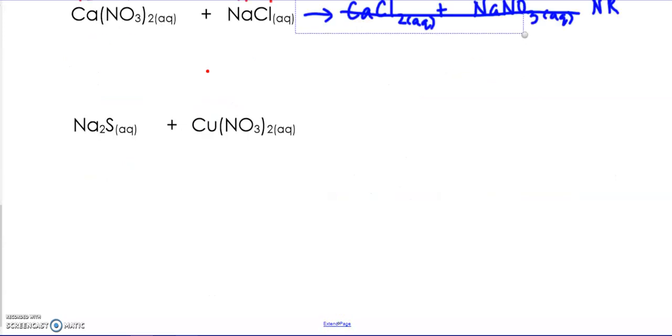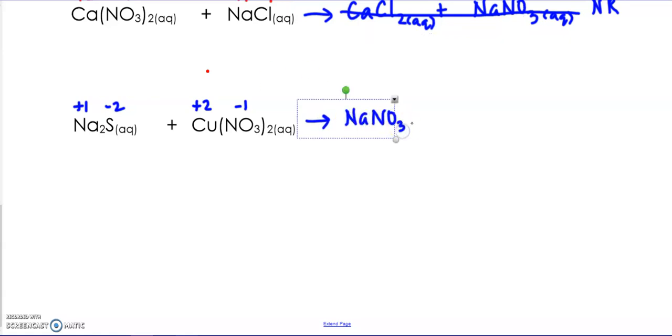All right, one more. We've got sodium is a +1, sulfide is a -2. We've got copper, in this case, is a +2. My nitrate is a -1. So sodium's going to go with nitrate, so NaNO3. And maybe you already realize it's nitrate. It's aqueous. I do this right away with nitrates.